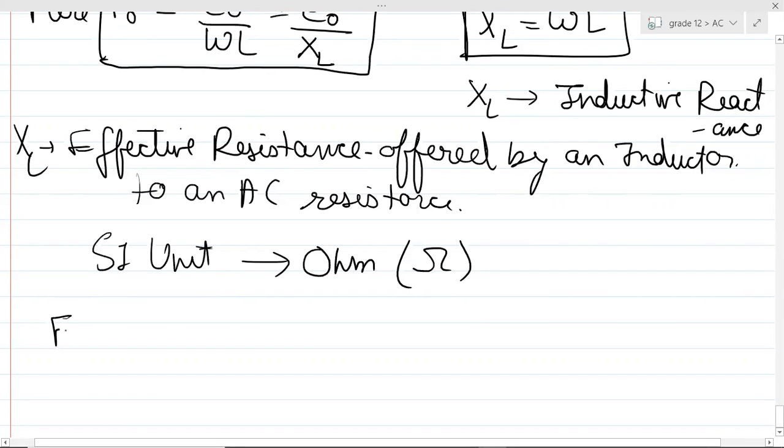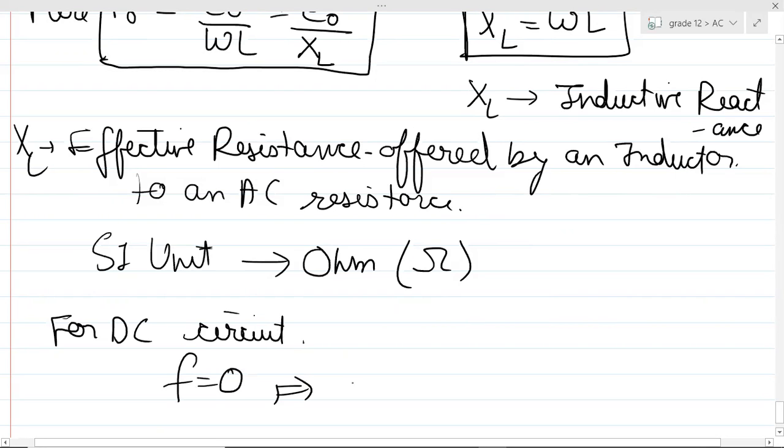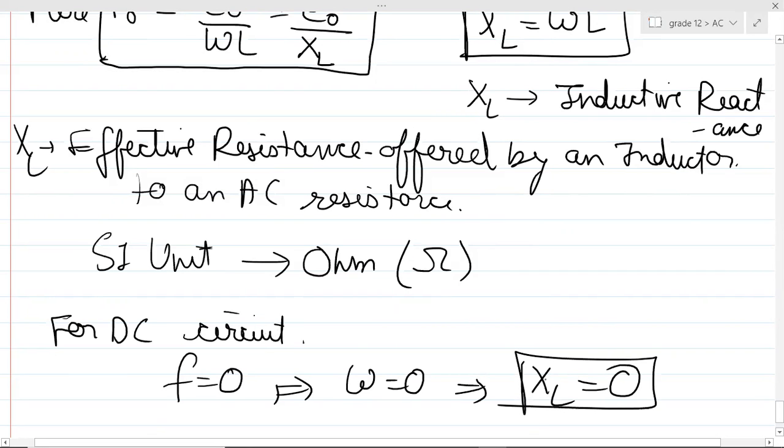Acha. For a DC circuit, does anyone remember what happens? For a DC circuit, frequency is 0, that implies omega is 0, that implies XL is also 0, right? So in the DC circuit it was not opposing like that. It was opposing when the current was changing. Was it offering any resistance when the current was constant?